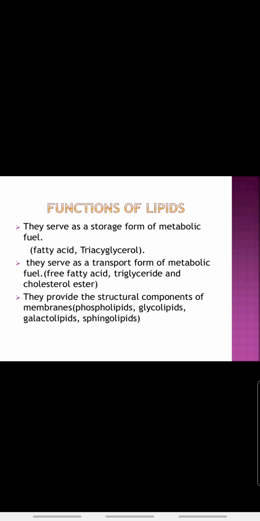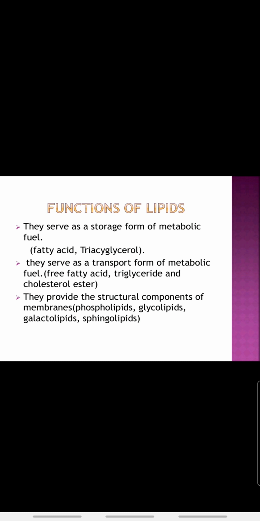Aside from that, lipids provide structural components of membranes. Those are phospholipids, glycolipids, galactolipids, and sphingolipids. We will discuss them one by one. Again, the head of phospholipids is hydrophilic, loved by water, or can mix with water.